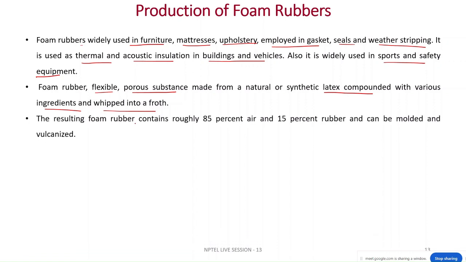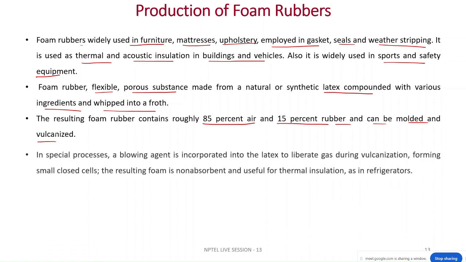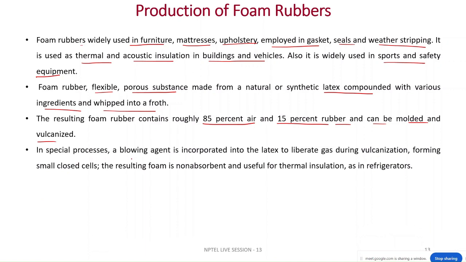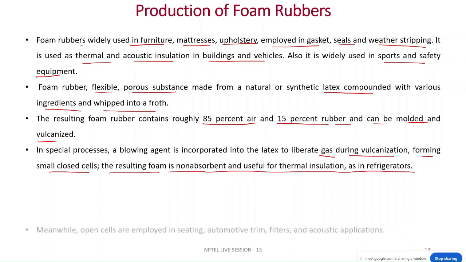The resulting foam rubber contains roughly 80 to 85% air and 15% rubber and can be molded and vulcanized. In special processes, a blowing agent is also incorporated in the latex to liberate gas during the vulcanization process, forming small closed cells. The resultant foam is non-absorbent and useful for thermal insulation in refrigerators.